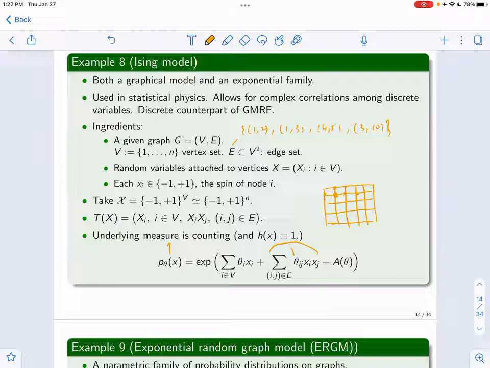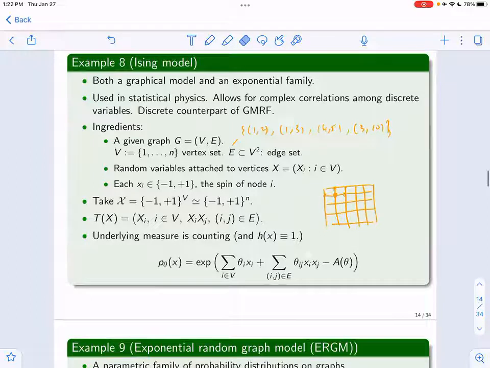If the theta ij is negative, then it's more likely to have the opposite. Basically your spin would be the opposite of your neighbors, because that would increase the probability.